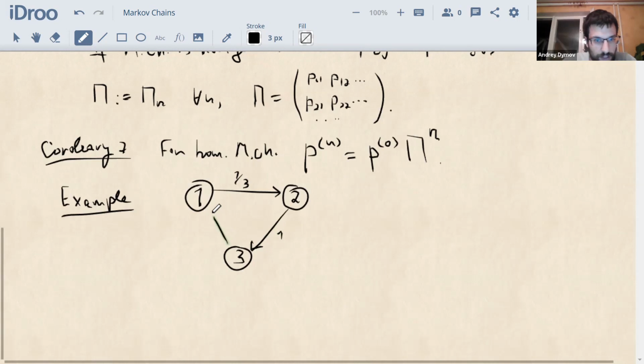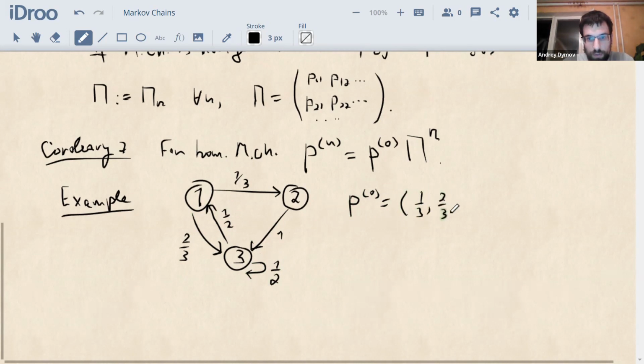So I draw the transition probabilities 1/2, and then 2/3. And also, here I should have the arrow from 3 to 3, 1/2. And to define completely the Markov chain, I should specify the initial distribution, right? So let me choose it in the following way: 1/3, 2/3, 0.